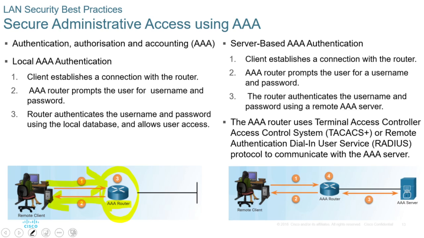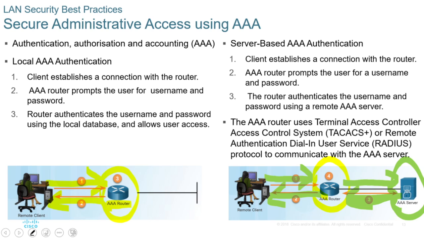Whereas on a server-based AAA, the main difference is that the router would be sitting there in the middle, but the actual request from the user will come to the router and be passed on to the AAA server, which will do the actual authentication and authorization. So there should be some communication between the router and the server, and based on that, the user will be authenticated.